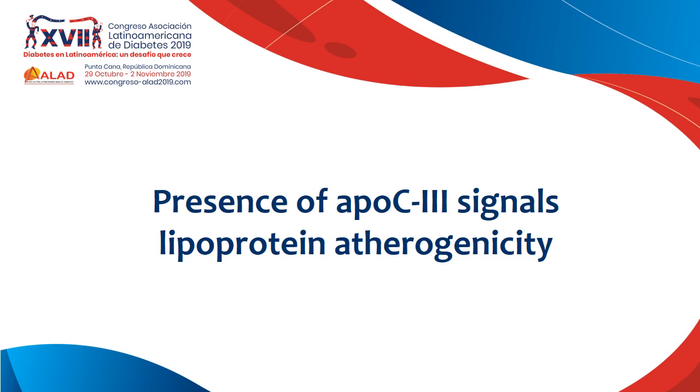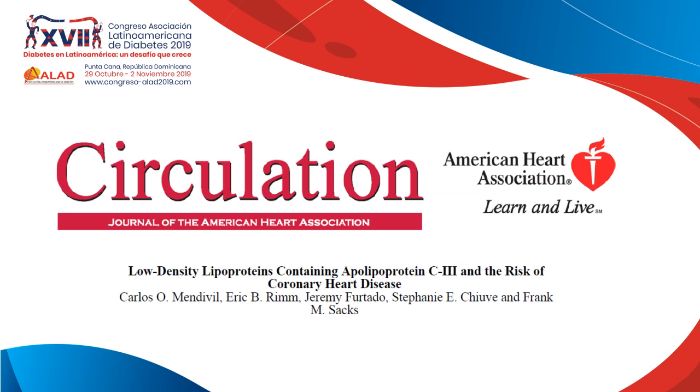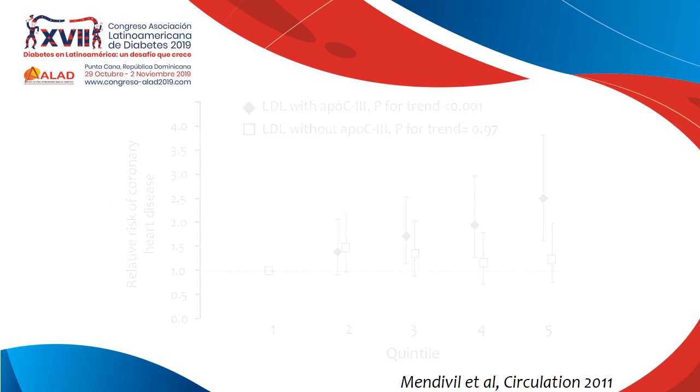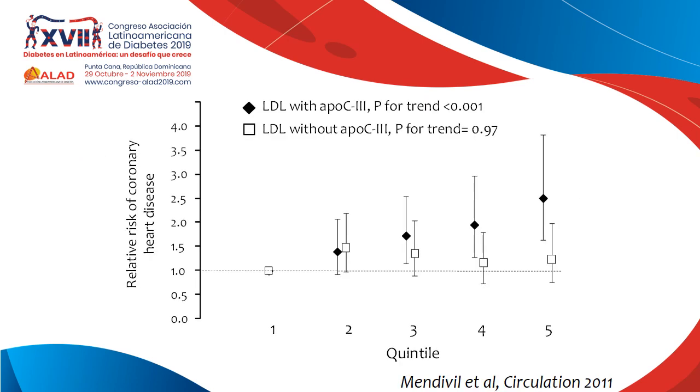So if you look at this from a biochemical and epidemiological point of view, and you try to look at whether or not the presence of ApoC-III signals the atherogenicity of lipoproteins, this is what you will find. This was published by us back in 2011 in Circulation, and what we did was we measured LDL, but we separated LDL with or without ApoC-III.